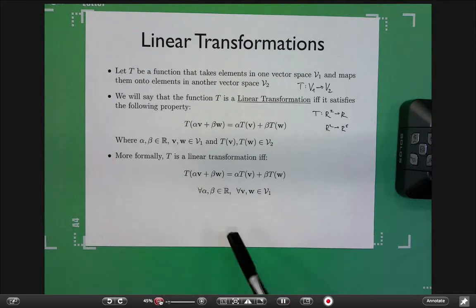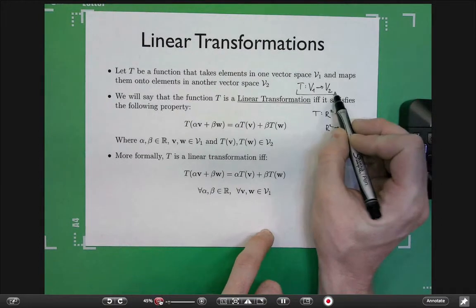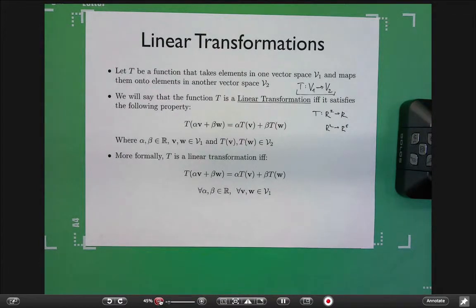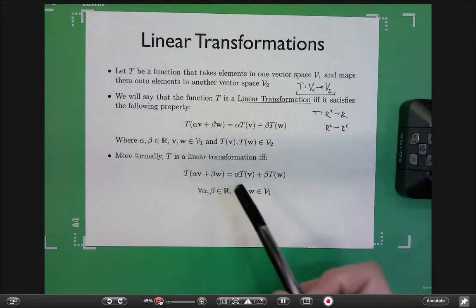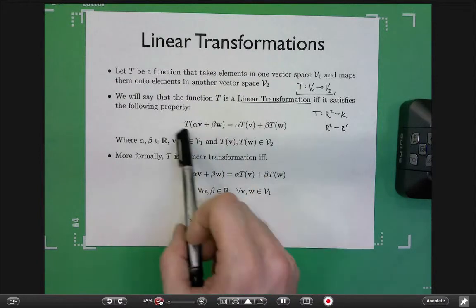I could have any transformation from one vector space to another vector space, but not all of them are linear. They are linear only if they satisfy this property.